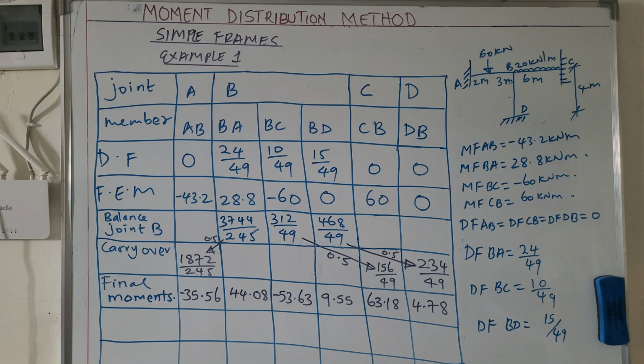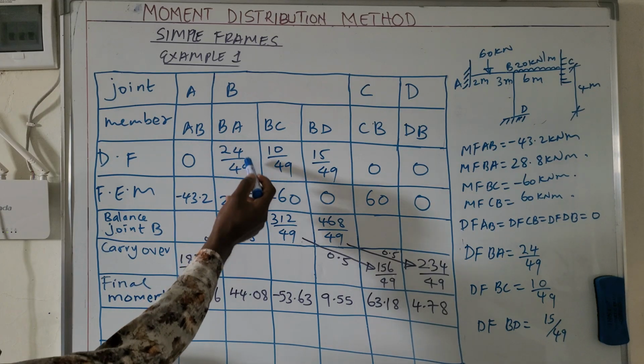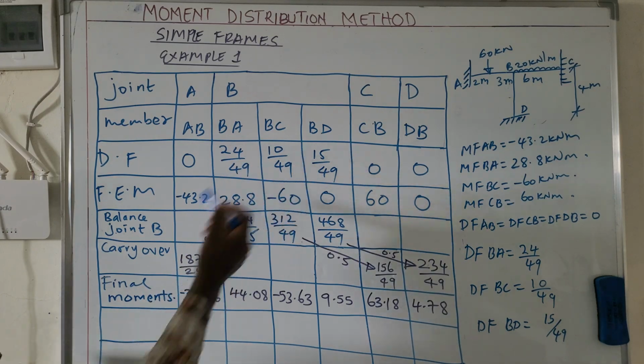So how are we going to do it? You'll take positive 31.2 times the distribution factor of each of these members.